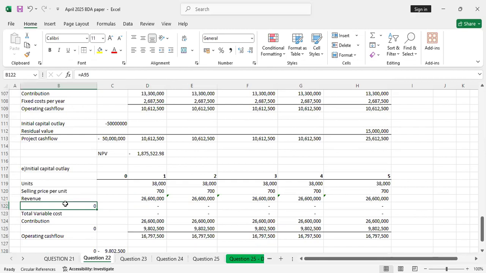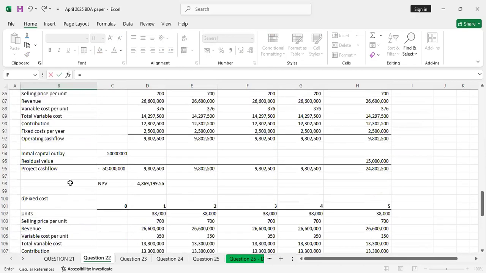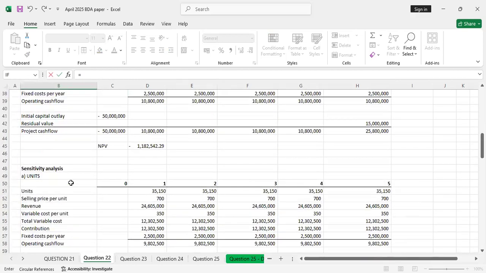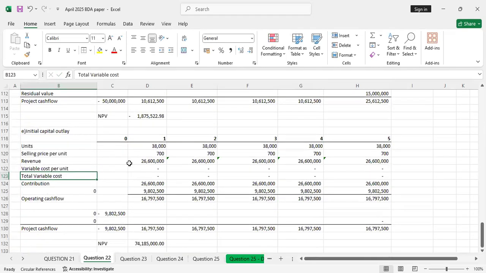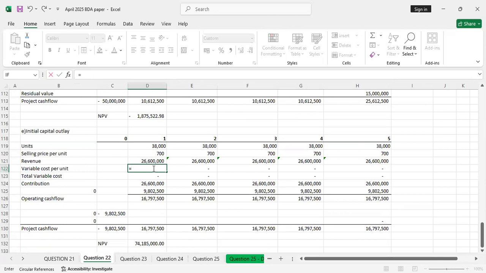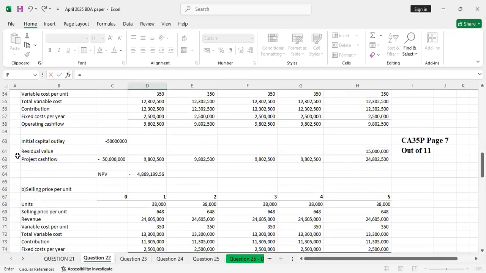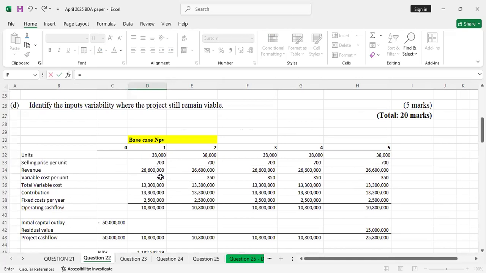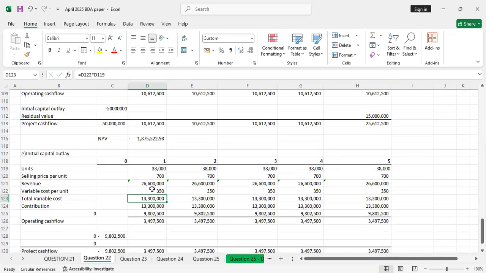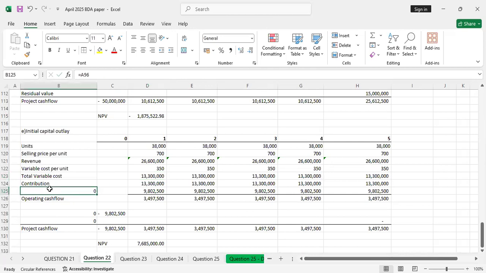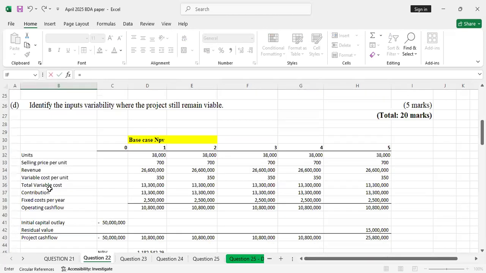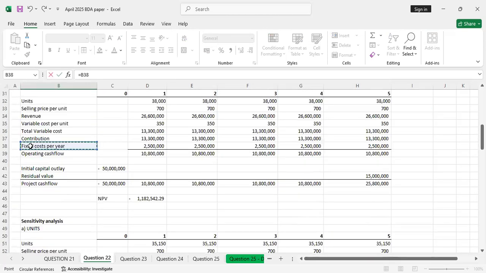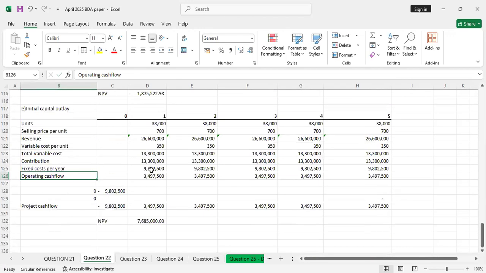Then variable cost per unit, we are just doing what is under the base case. So variable cost per unit will give us that, 350. Then we'll have fixed costs per year, and the fixed cost will have this.